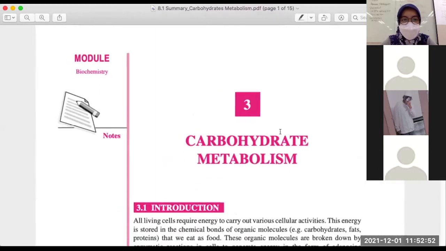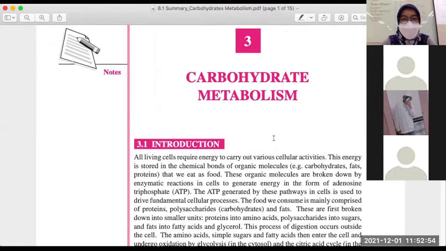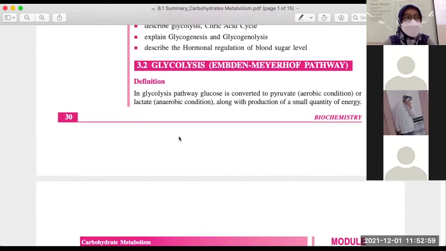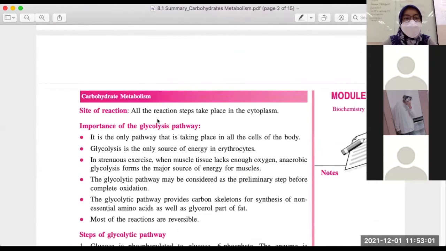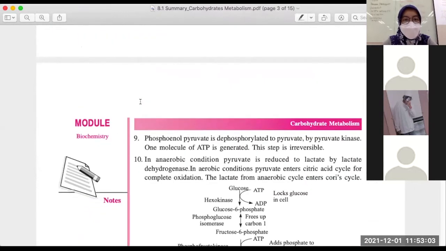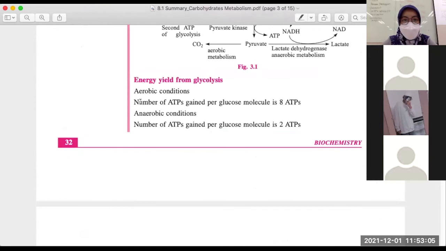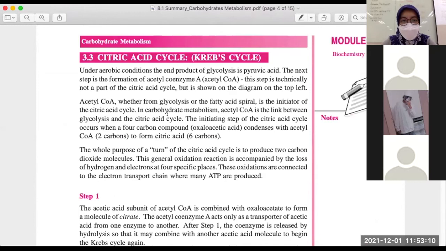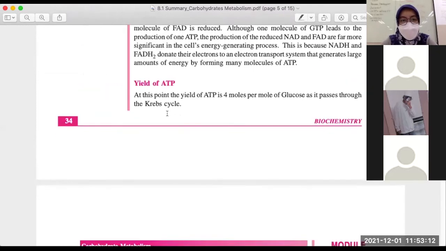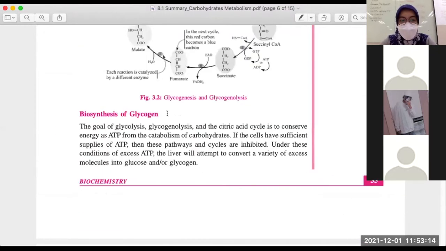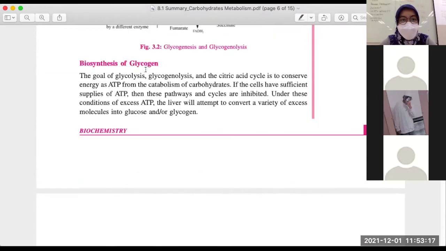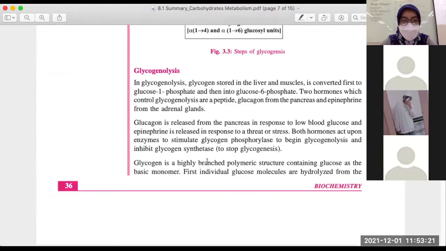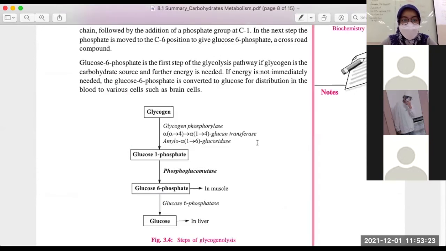This is the extended notes that I've uploaded. The carbohydrate metabolism: glycolysis, this is the written pathway, the steps, and then the yield, and then the citric acid cycle, TCA cycle, the steps. This is all the written form of it. And then biosynthesis of glycogen or glycogenesis, the steps, the written form, and so on.